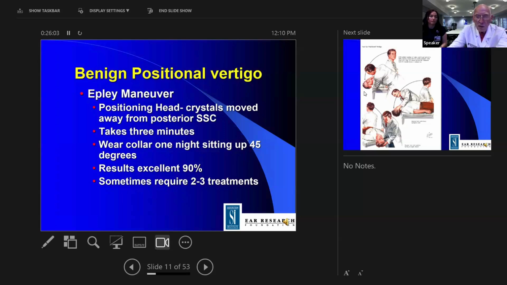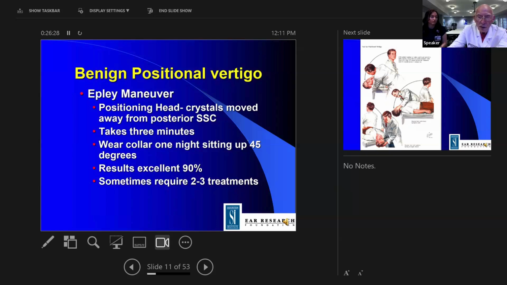So it takes about 3 minutes. We put your head in the left position, say if you have a left problem, for 1 minute. And then the second position is you have the patient sit up and then go down on the other side. And then the third position is with the head straight back.